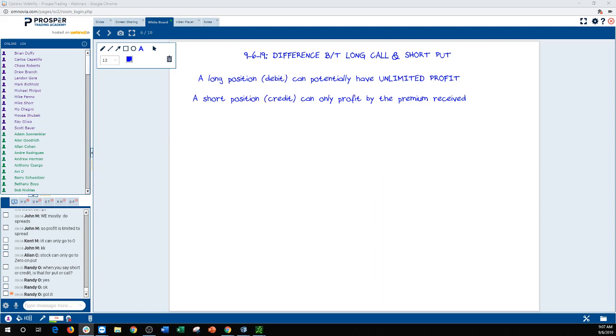Does everybody now, not just Randy, does everybody understand that concept of long debit, short credit? Okay, so now, Randy, give me a stock you want to look at and evaluate. Any stock.